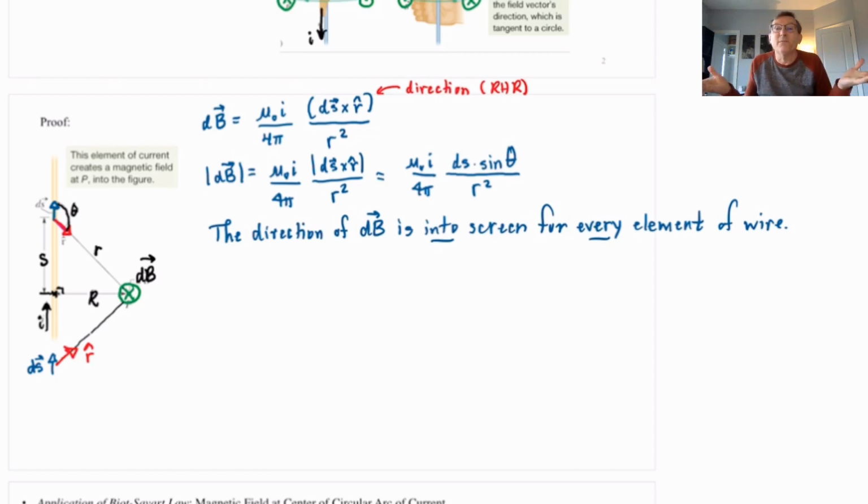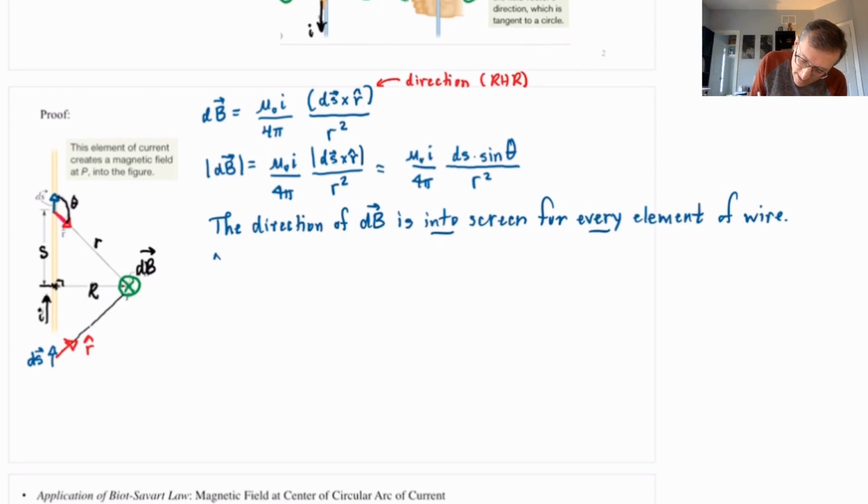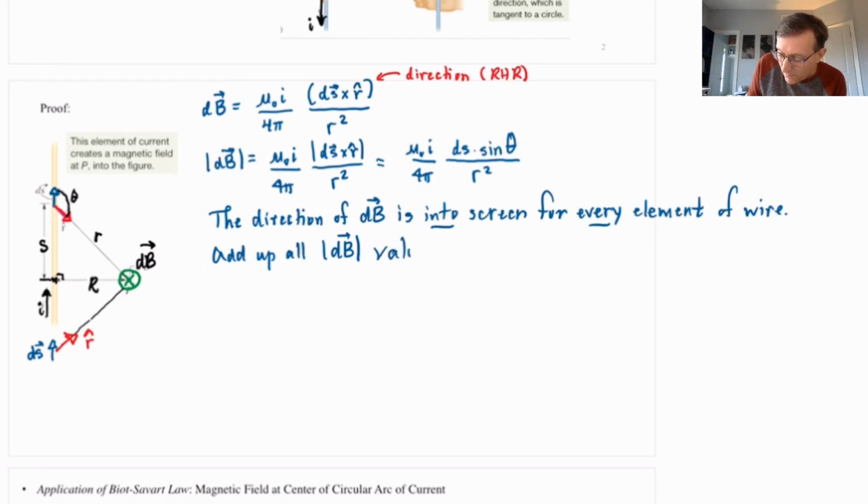That means it's easy to account for the direction of the net B. It's going to be into the screen at point P. So all I really have to do then to get the net magnetic field at point P is to add up all the dB magnitude values for all length elements.